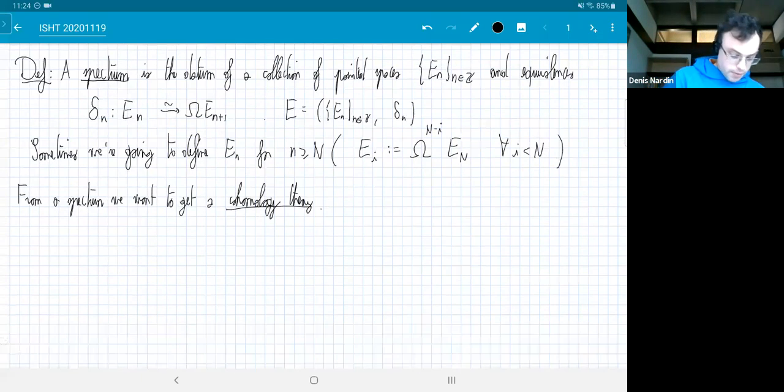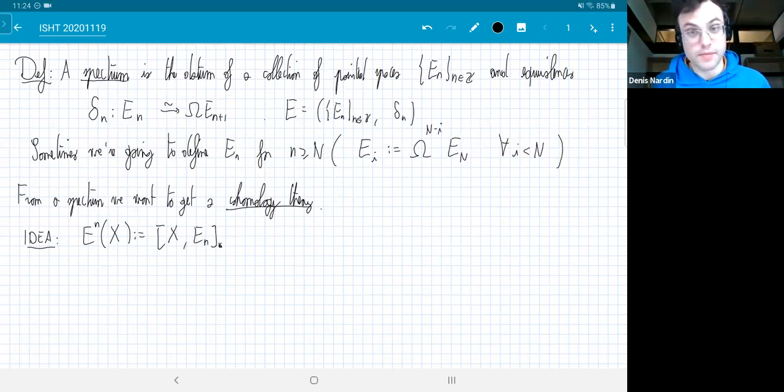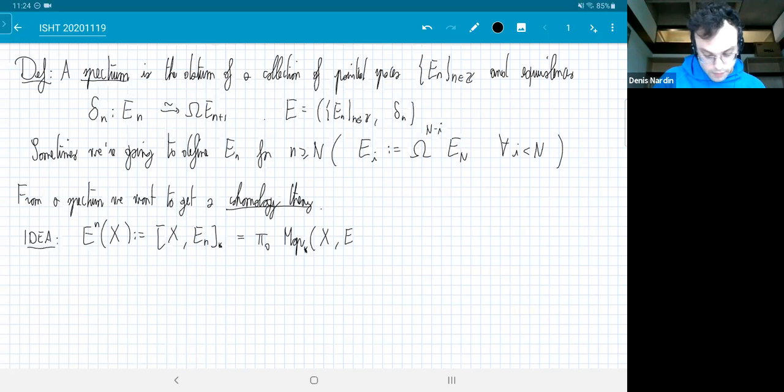So what's the idea? You define E^n(X) as pointed homotopy classes of maps. If you want, I can write this as π_0 of pointed maps from X to E_n. And by pointed maps I mean the mapping space in the infinity category of pointed spaces that I defined.